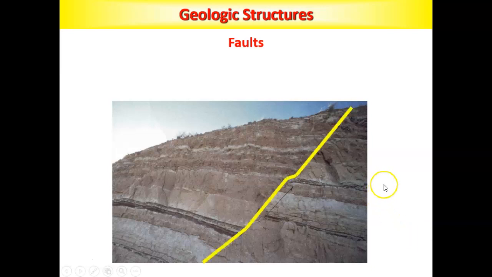In this picture, as you look at this face, there is a feature that runs down here. It's not super obvious, but it's a crack, or a fracture. So is it a fault or is it just a fracture? We're going to use the layers to indicate that there has been motion.